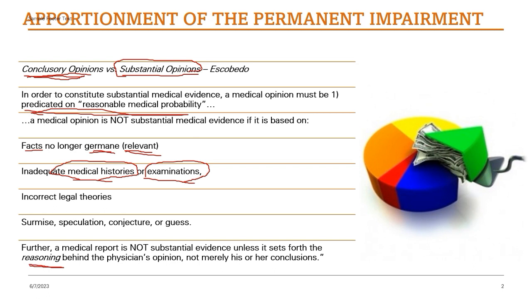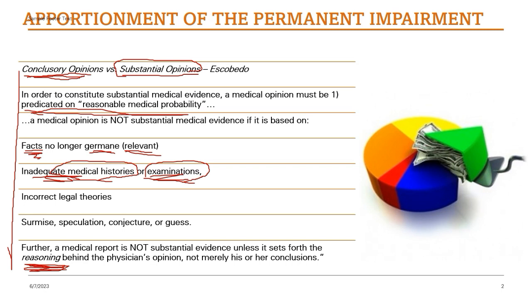And so, as I said, the way that you could do this in the body of your report is to say, number one, in my opinion, within reasonable medical probability, 80% of the permanent impairment is due to the industrial injury, and 20% is due to other factors, period. Reasons for this conclusion include, colon, and then you list your reasons, and you list the facts upon which your reasons are based, and you convince the parties that your reasons are based on a good history and on a proper examination.